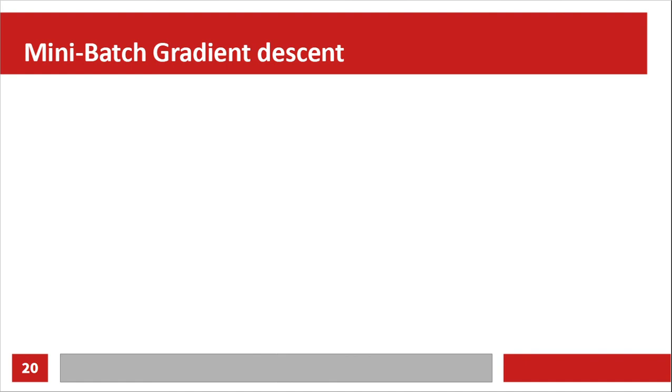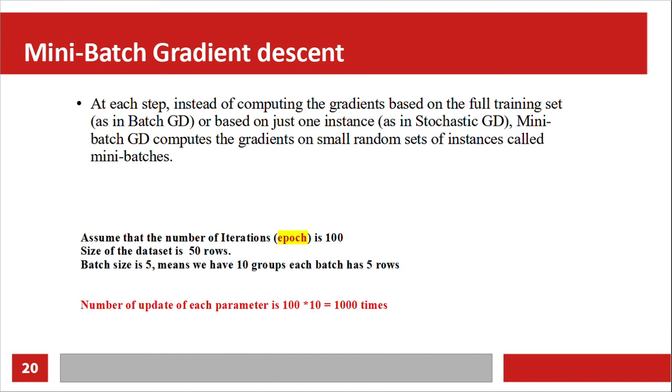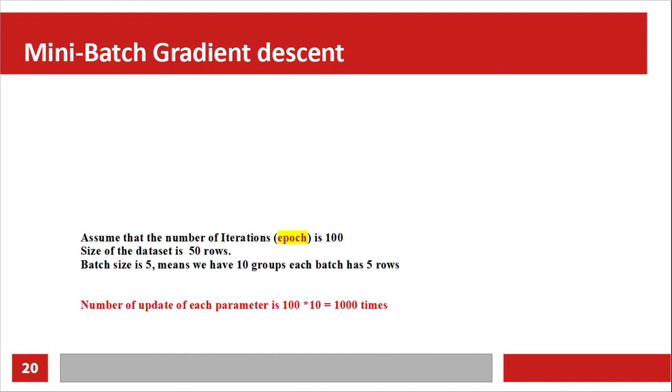Now this one is a hybrid between batch gradient descent and stochastic. It just divides the dataset into some number of batches, and each batch contains a number of rows or samples. Here it's clear.